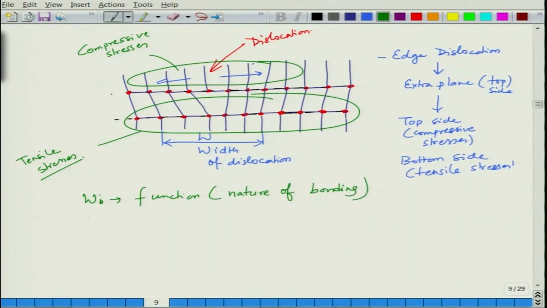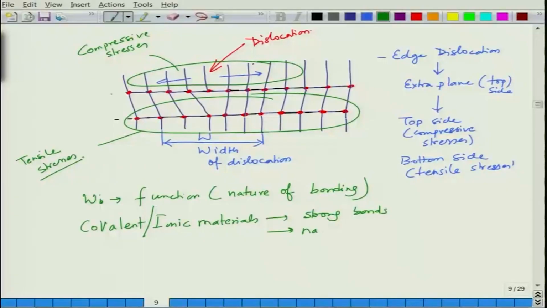Generally covalent and ionic materials will have strong bonds, and when the bonds are stronger, the region in which the bonds will get stretched and compressed is also lower.